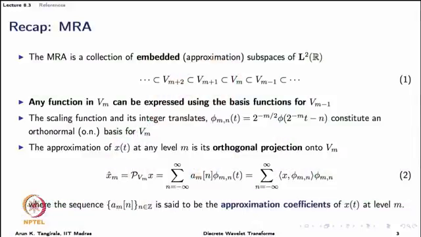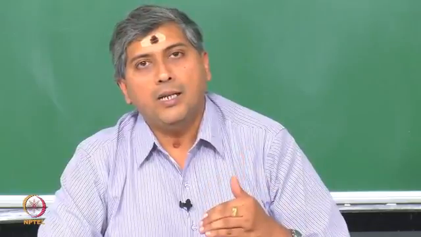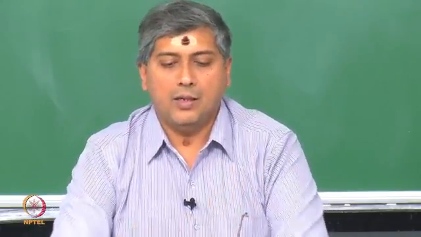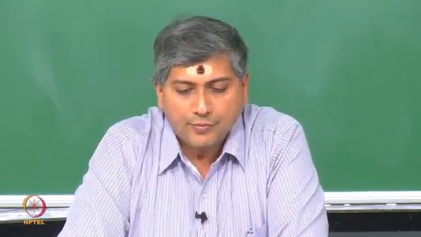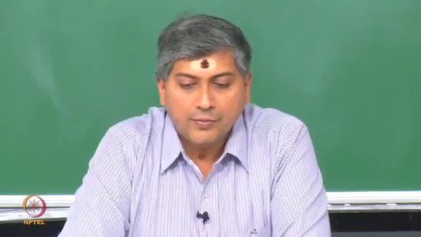So, let us quickly recap the concept of multi-resolution approximation. Essentially, multi-resolution approximation is a collection or a set of embedded approximations. These are not a collection of arbitrary approximations, but so-called embedded approximations, embedded in resolution spaces that differ by a factor of 2, and we also call them nested subspaces.